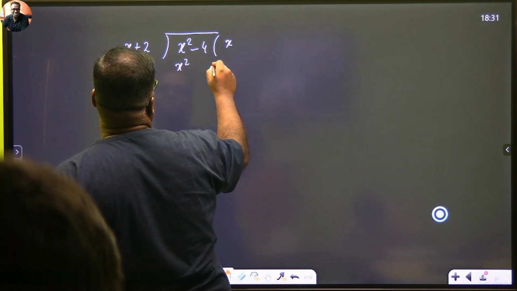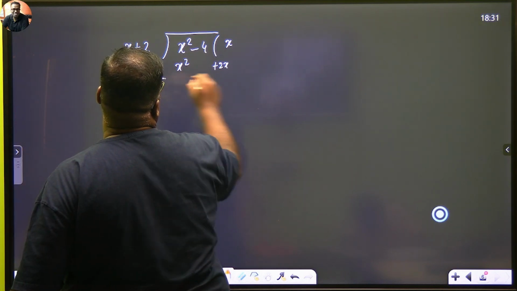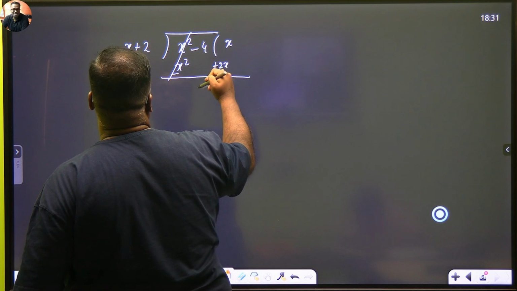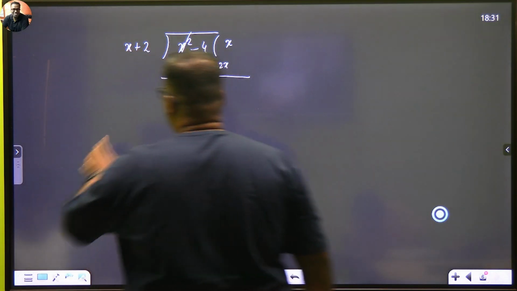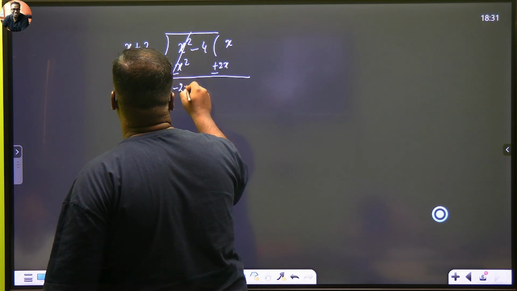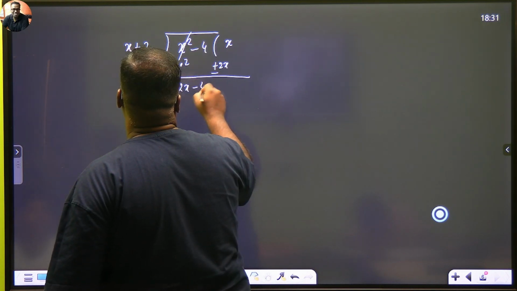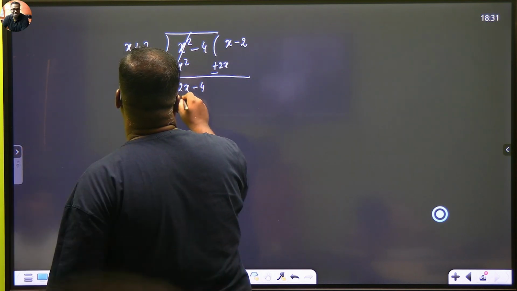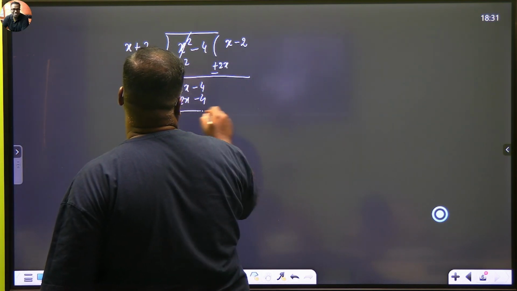So we park the 2x outside, right? And then this is negative, gone away. This is negative. Now we have to arrange this term in decreasing degree. Therefore, the 2x first comes, and then the 4 comes. Now this will be minus 2, minus 2x, minus 4.